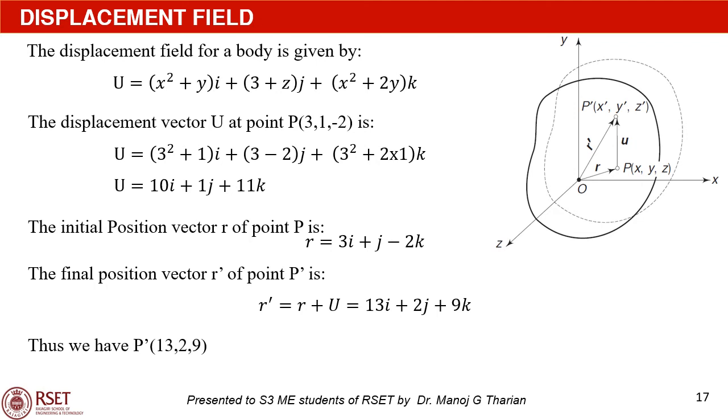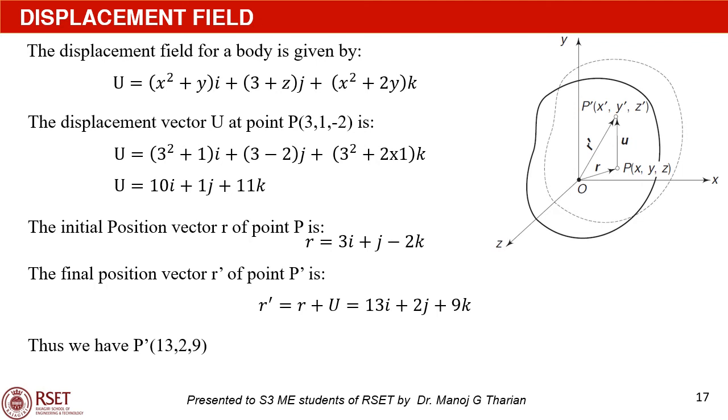In order to find the displacement at point P during the deformation, we substitute the coordinate values of P in the displacement field vector U, and we get U equal to (3 square plus 1) i plus (3 minus 2) j plus (3 square plus 2 into 1) k. That is, U is equal to 10i plus j plus 11k.